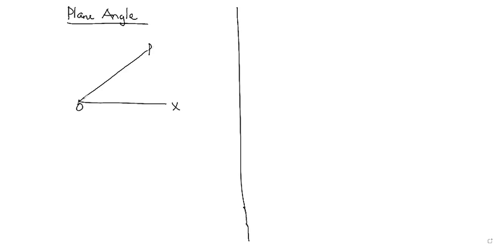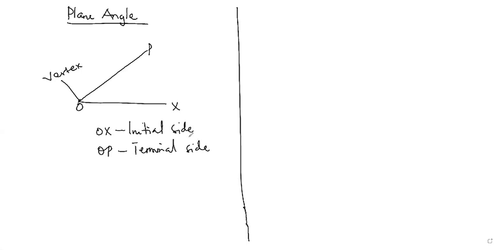The point O is called the vertex, and the half lines are called the sides of the angle. So it means that OX is the initial side, and OP is the terminal side. Then our O is the vertex.